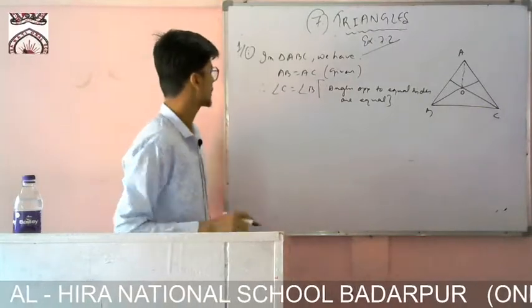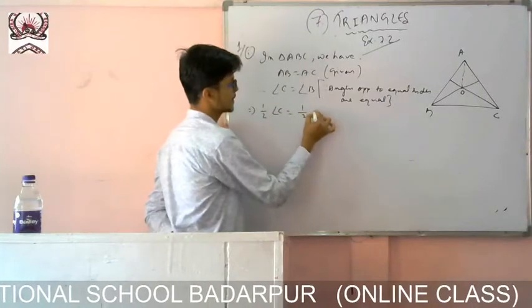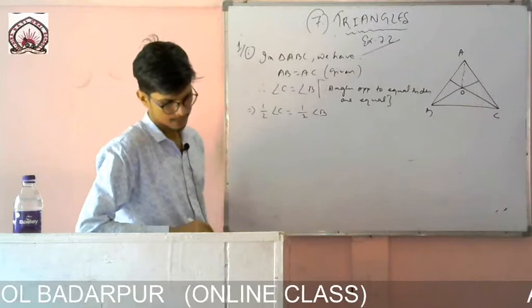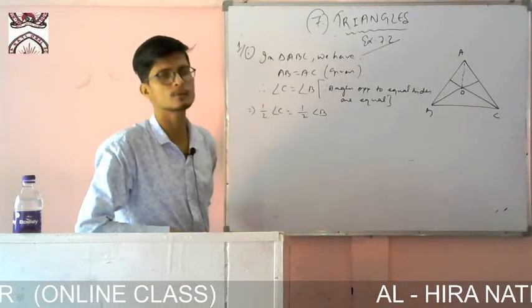So you see here, if I multiply this one by half, it will be half C and half B. Half C means the angle C, and we know that angle C is bisected into two equal parts.